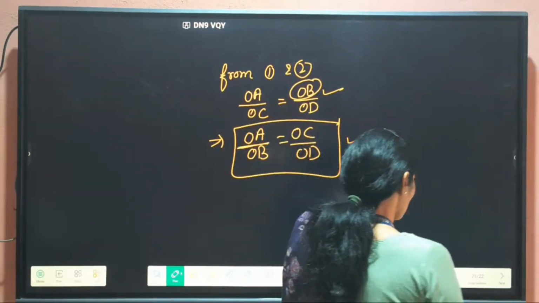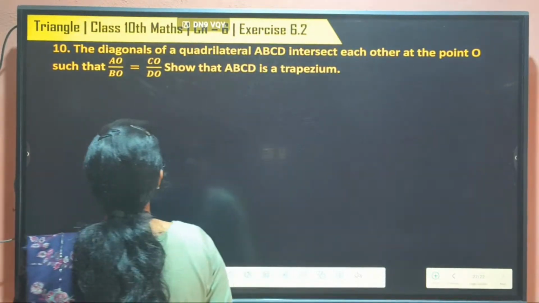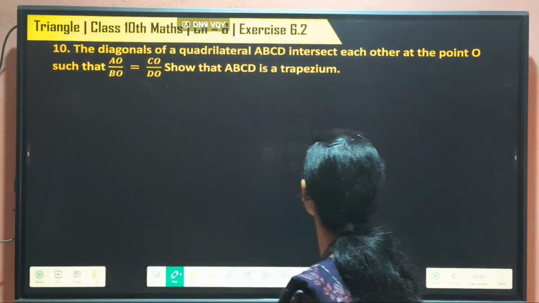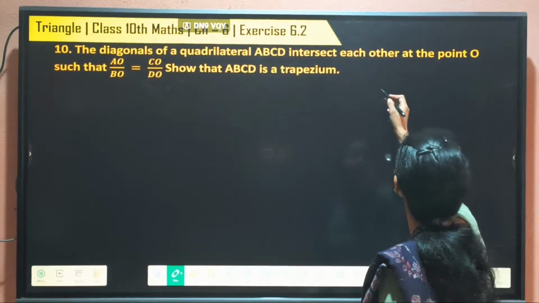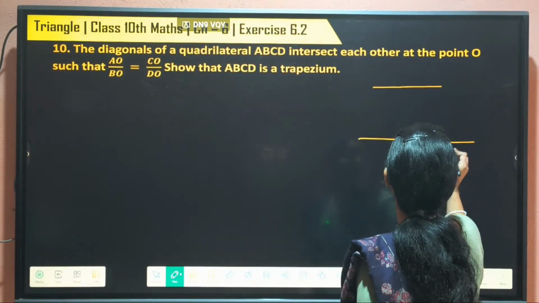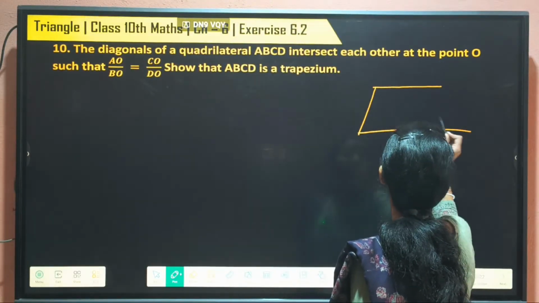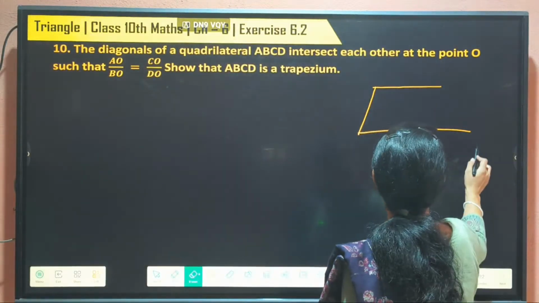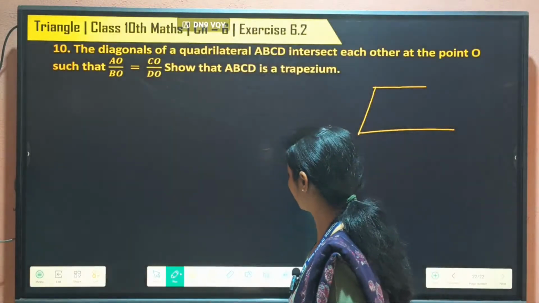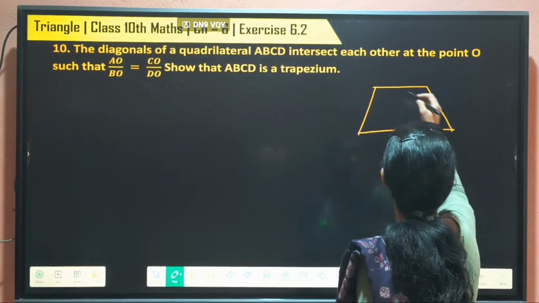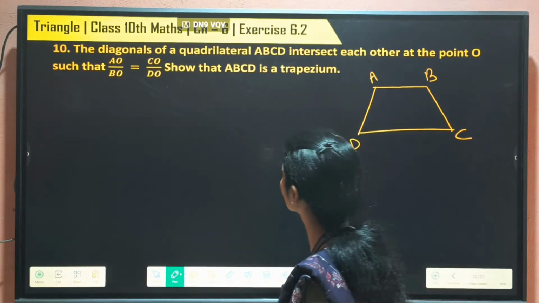Next question. What is the next question? Question number 10, the last question of this exercise. The diagonals of a quadrilateral ABCD intersect each other at point O. Show that... ABCD is a quadrilateral.